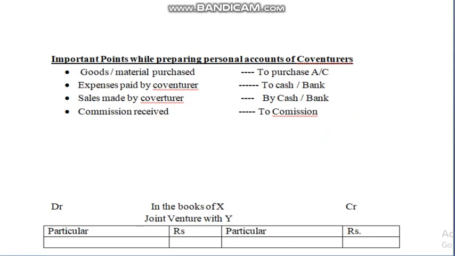If the co-venturers purchased any goods or material, that should be debited with purchase account, or any expenditure paid by co-venturers, that should be debited with cash or bank. If any sales made by co-venturers, that should be credited with cash or bank. If any commission received by co-venturers, that should be debited with the concerned item.